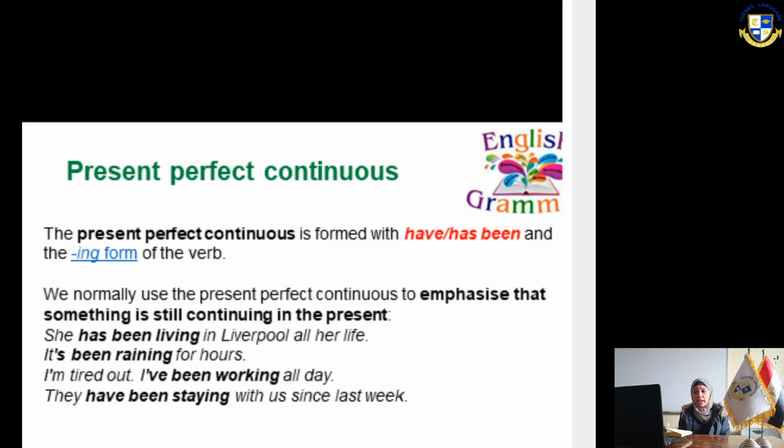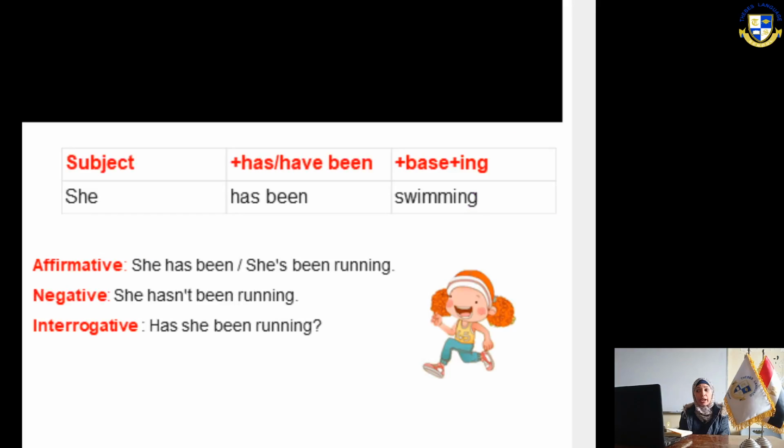Okay, guys, let's move on to the form of the sentence in present perfect continuous, slide 13. I will start my sentence with the subject she, and then I will put has or have been plus the basic verb plus ing.